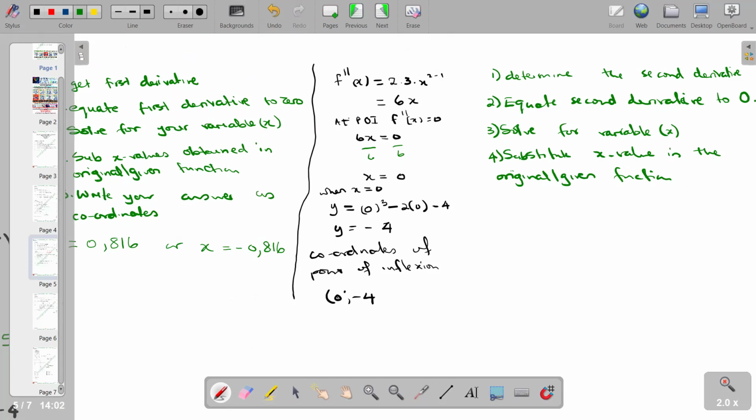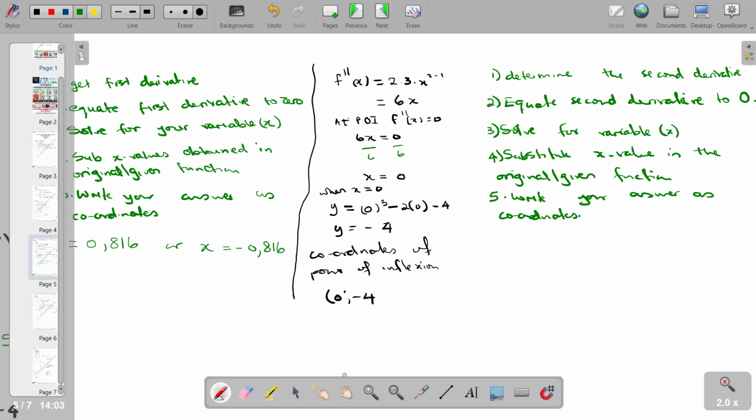Then from there, remember to write your answer as coordinates.